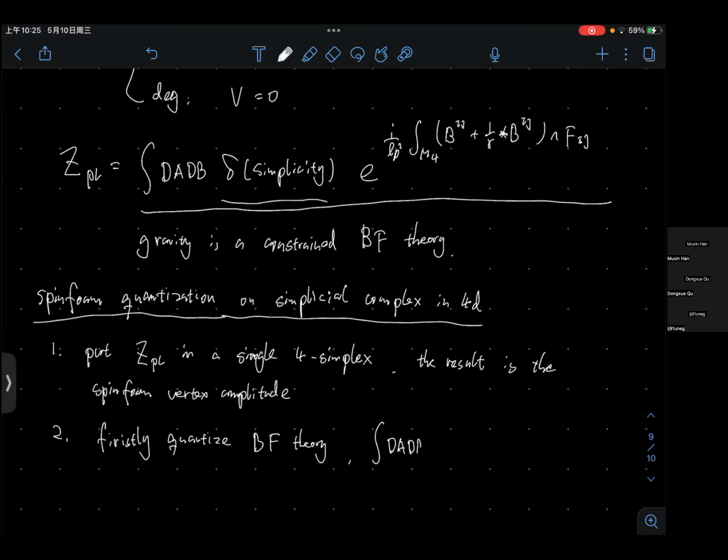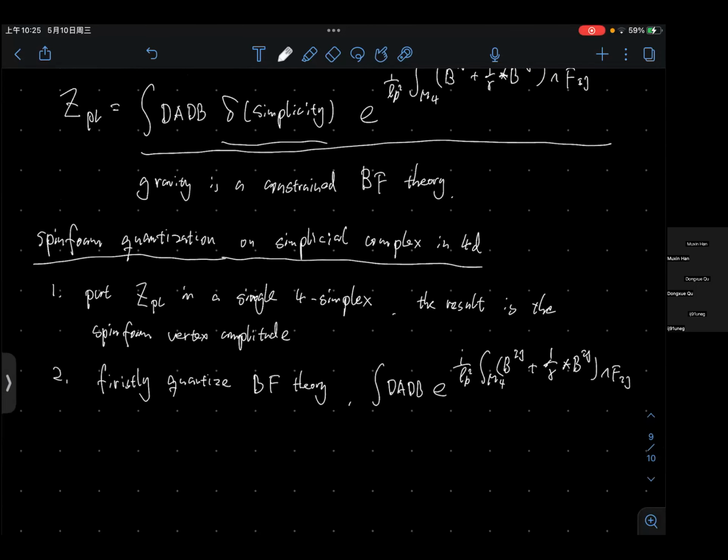schematically this kind of path integral, e to the... Yeah, this is the quantity we are going to compute, and we did compute that already. Last time we talked about this BF theory, although it was SU2, schematically you get a very similar result.